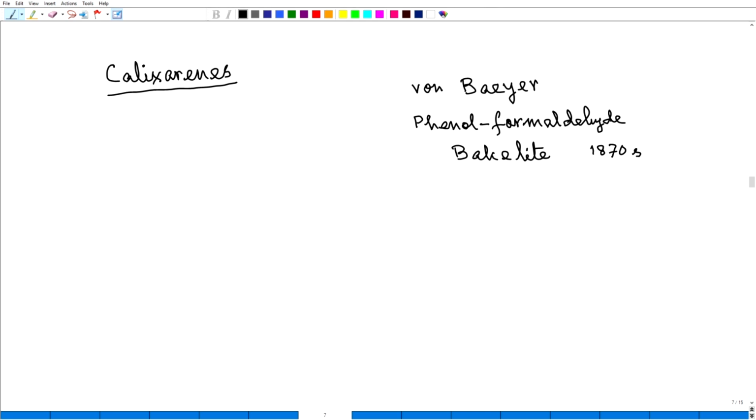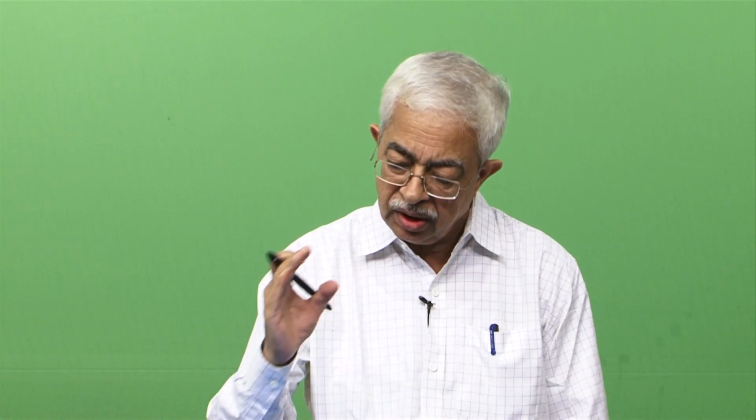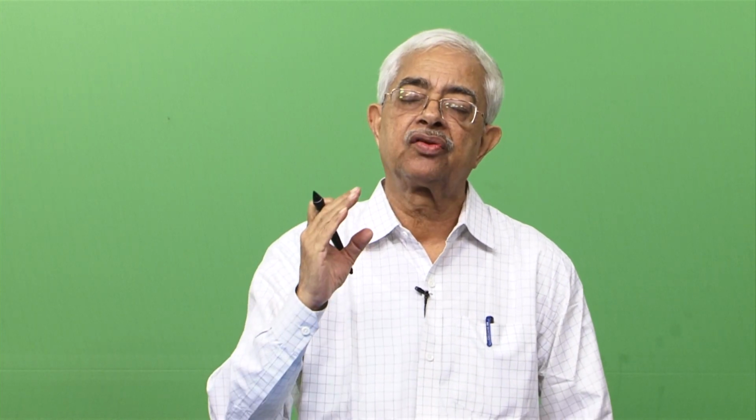It was synthesized in the 1870s, but phenol when it reacts with formaldehyde can give a mixture of oligomers, that is called resinous materials, and sometimes it can also form plastics or bakelites.